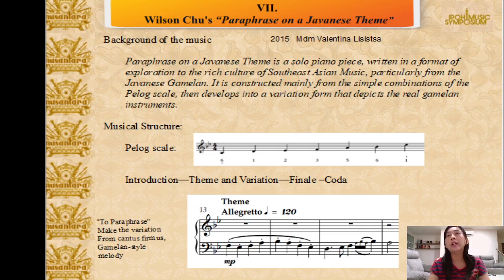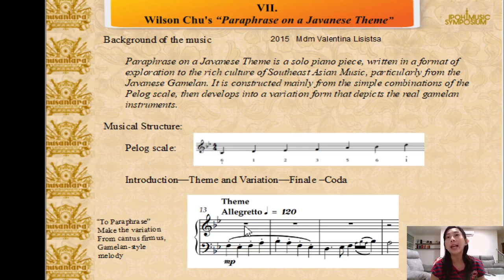So the Pelog scale that Wilson used for the Paraphrase is also similar to Bersahut-sahutan. And this Paraphrase is a theme and variations. It starts with the introduction, then the theme and variations, and moves to the finale and coda. Paraphrase means we make something using other words to express a similar meaning.